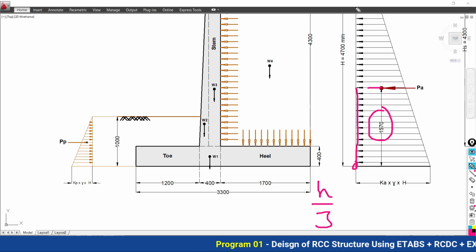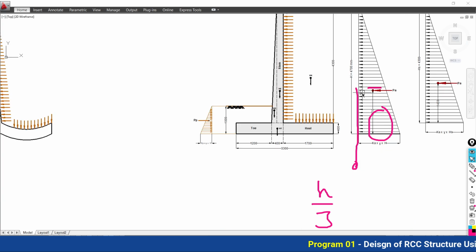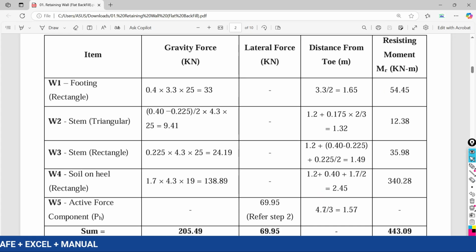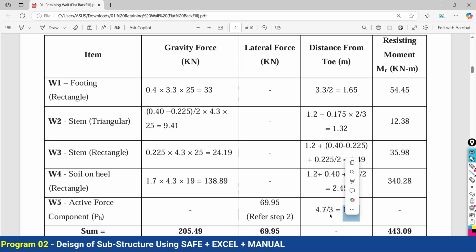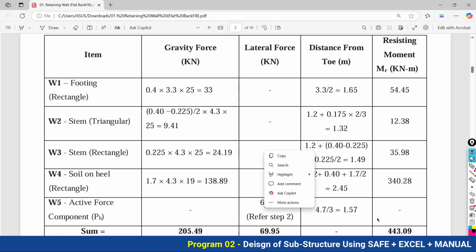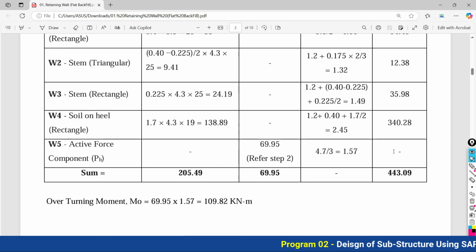And when you are coming from the top and measuring from this side, it is going to become 2h by 3. So this correction you have to do. Now h, total height 4.7 divided by 3, comes out to be 1.57. This 1.57 is to be multiplied with 69.95. So now we will get the moment.